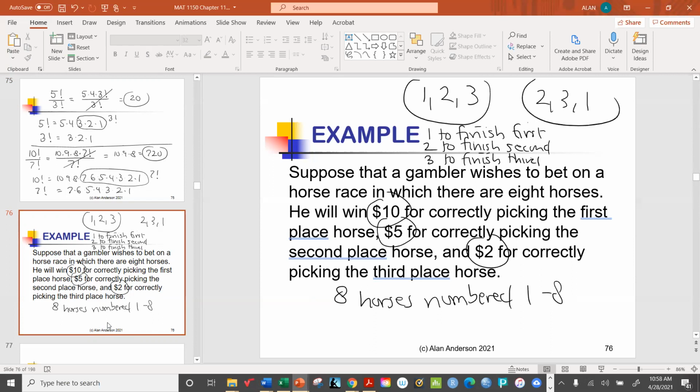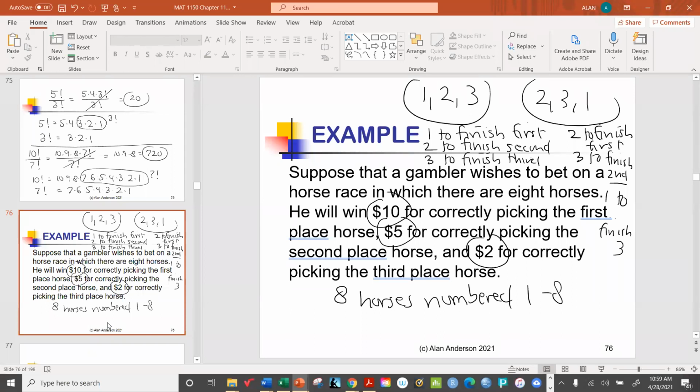If I buy this ticket, then I'm betting on 2 to finish first, 3 to finish second, and then 1 to finish third. And so clearly, those are 2 different bets. Okay, so therefore, each of these choices is a permutation.